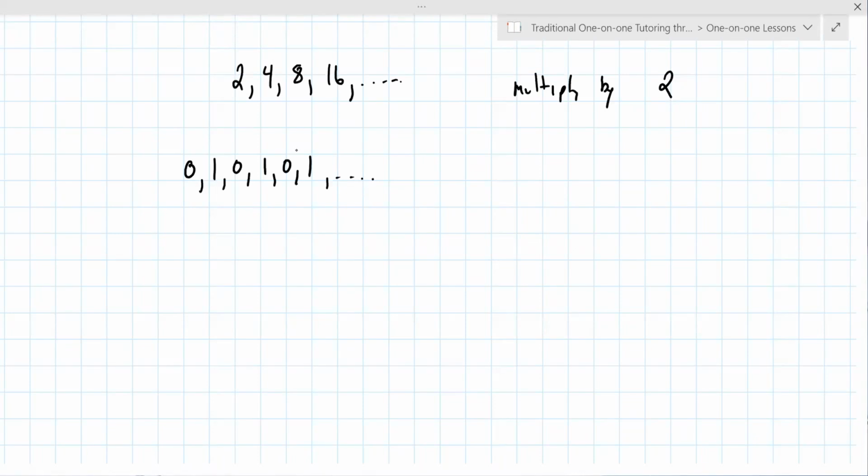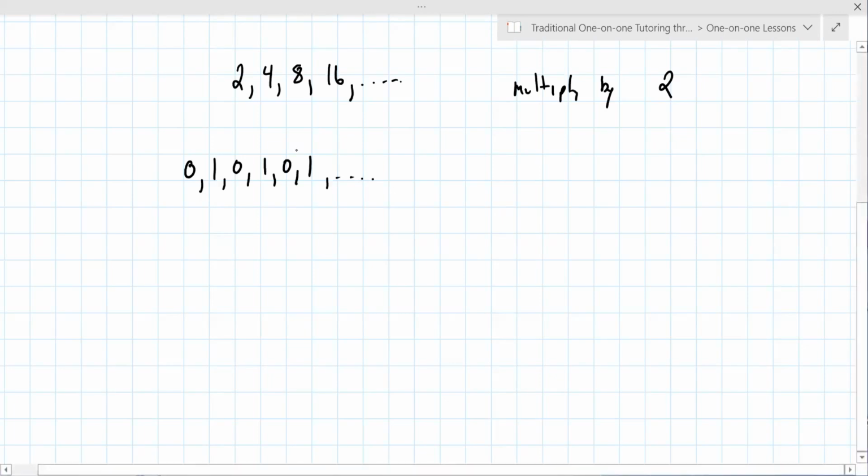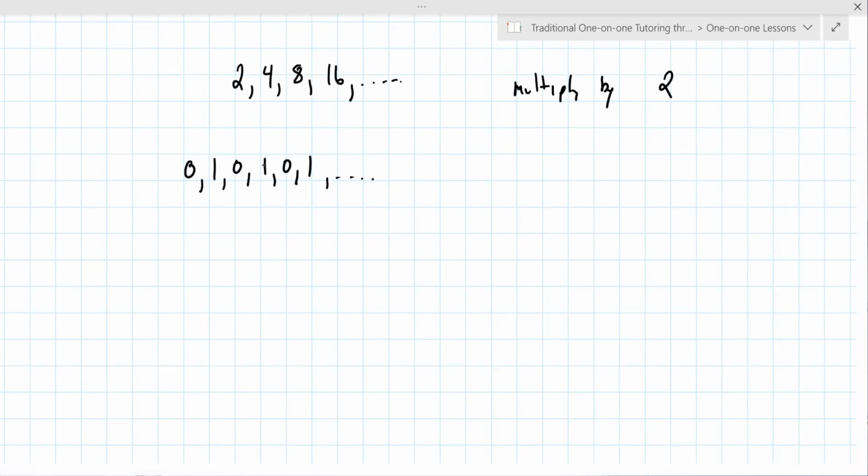What is the pattern that you see? Yeah, what is happening here? That's really what I'm asking you. Imagine you had to explain this to someone else in your classroom. How would you explain to them what's happening?